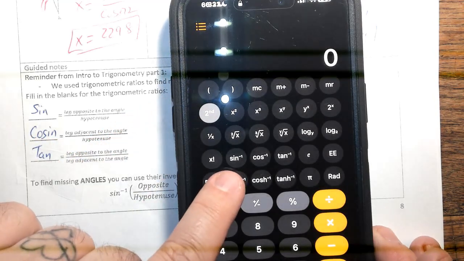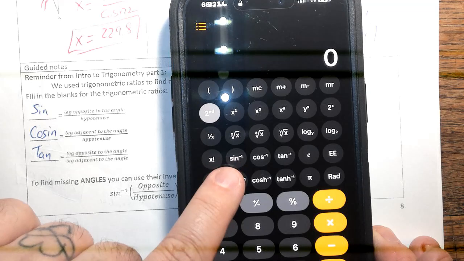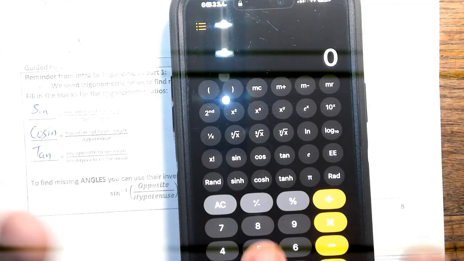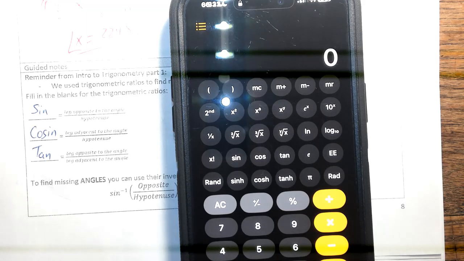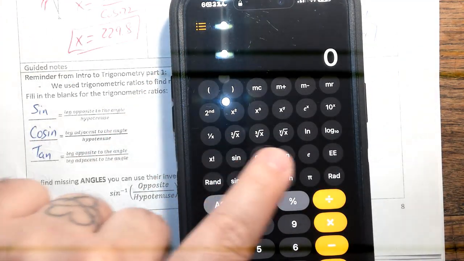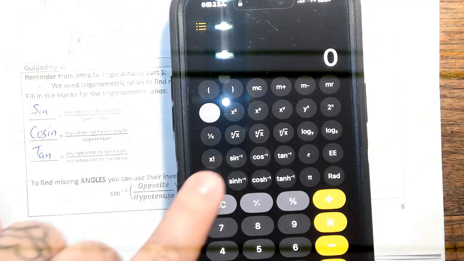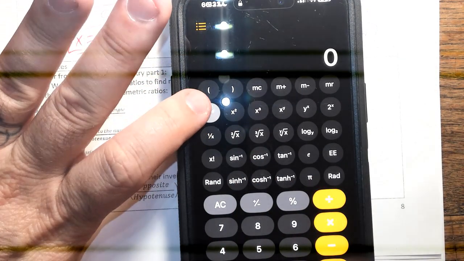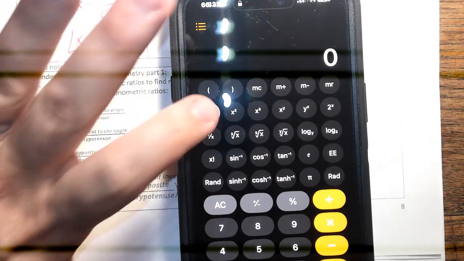Sine turns into sine to the -1st power, or inverse sine, inverse cosine, inverse tan. I like how this shows, because the calculator has it written in green above it. But if we don't touch it, it's just sine, cosine, and tangent. If we go second, it's the inverse.